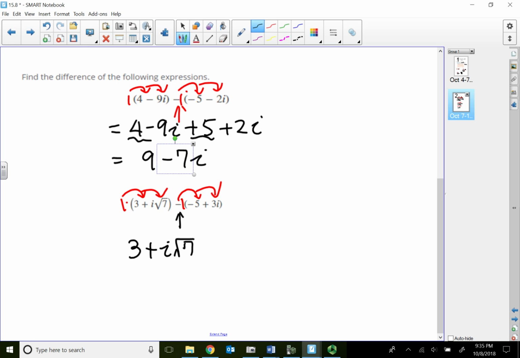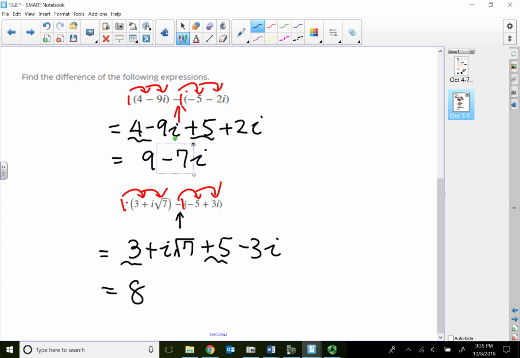So you see how in this problem they put the i in the front. I normally put the i behind the radical. Either way is the right answer. -1 times -5 is +5. -1 times +3i is -3i. All right, if I combine the real part, that will be 8.